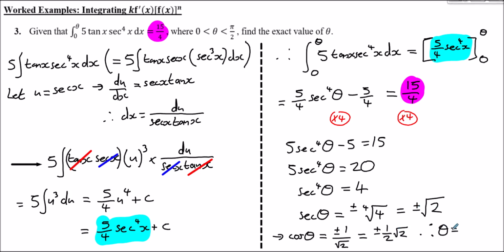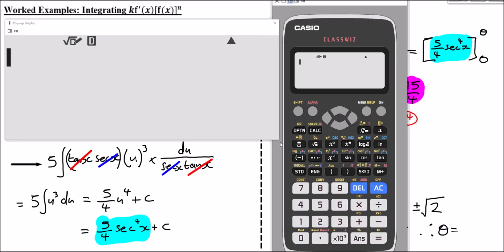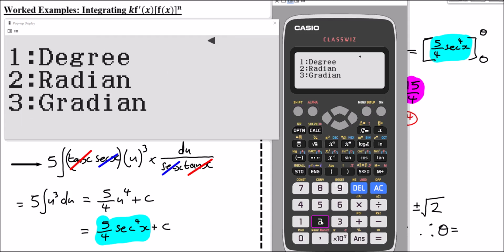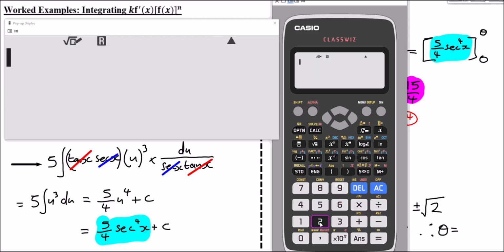So theta. Now, if we're integrating, you need to have this in terms of radians. So just to remind you, we're going to press shift menu, angle unit number 2, we're going for the radians option. So I want to do cosine minus 1 of a half root 2.